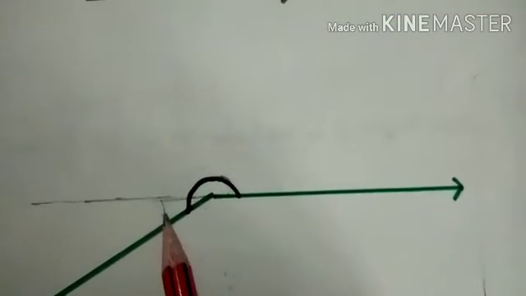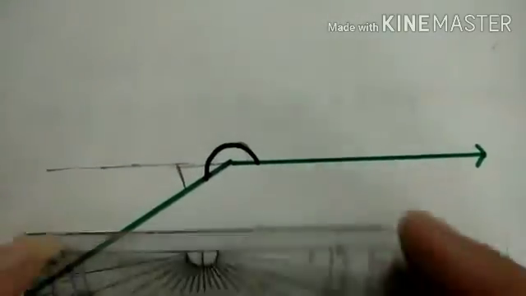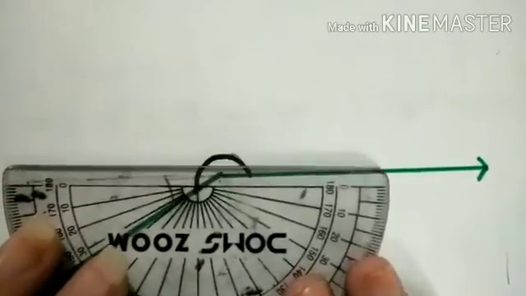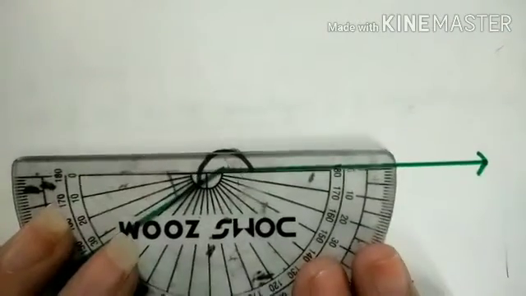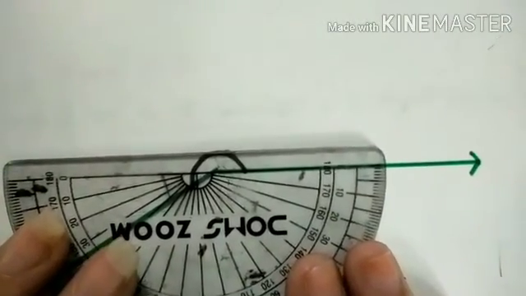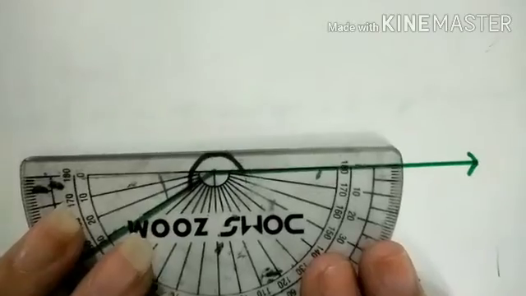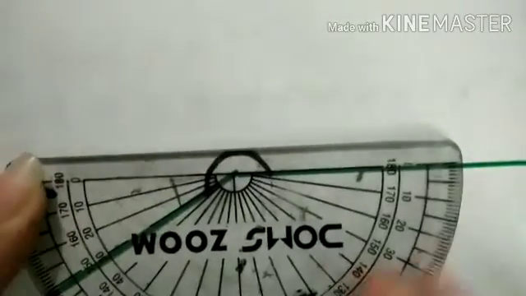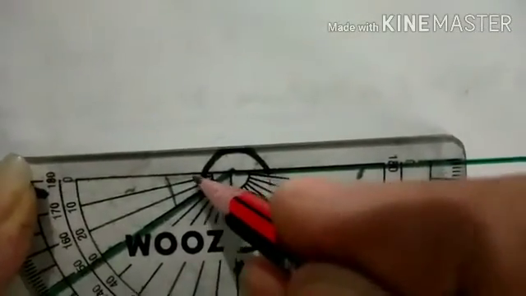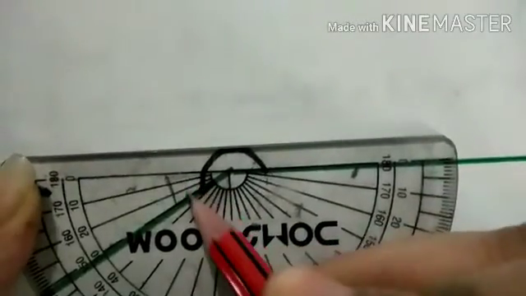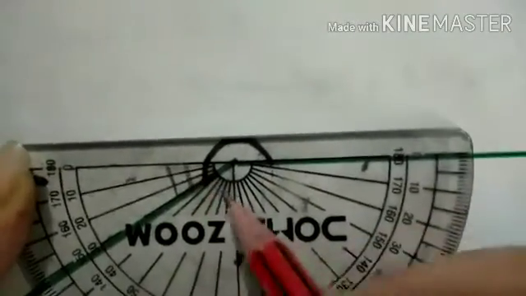Now we want to measure this angle only. What will we do? We will put our protractor like that. Okay, students, and we just need to measure this angle from this line to this line. How much is it?